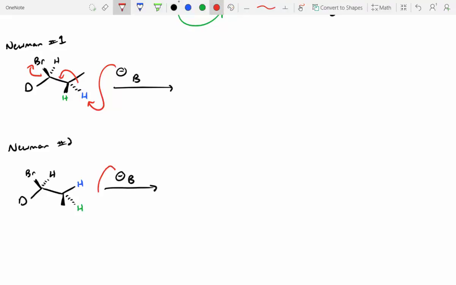And for this one, we're grabbing the green proton, clamping down, and kicking off our bromine. How many of you feel pretty comfortable predicting the products out of this?